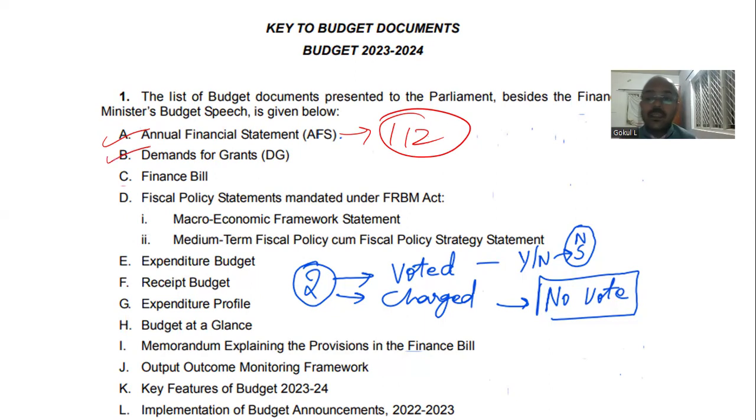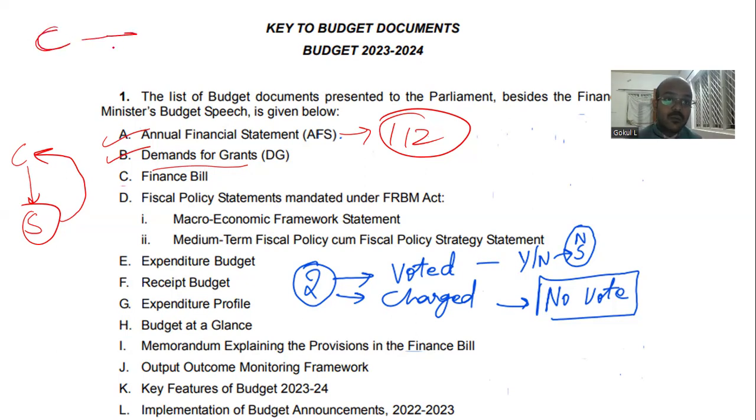Next, B, that is demand for grants. Demand for grants, what is that? See, central government gives certain money to the state government. And who demands from whom? State government demands from the central government. Another thing is the central government giving money to the ministries. Ministries are making demands, demand for grants.